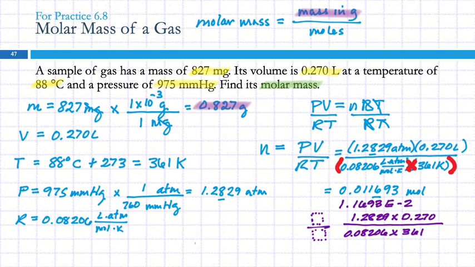So this number is in scientific notation, 1.1693 times 10 to the minus 2. Oh, okay. Yeah. So this is in decimal notation.